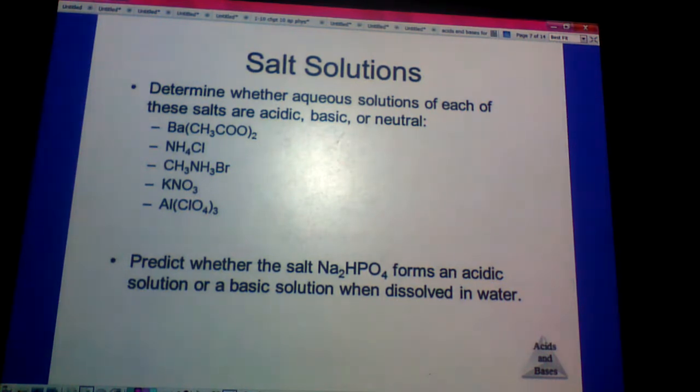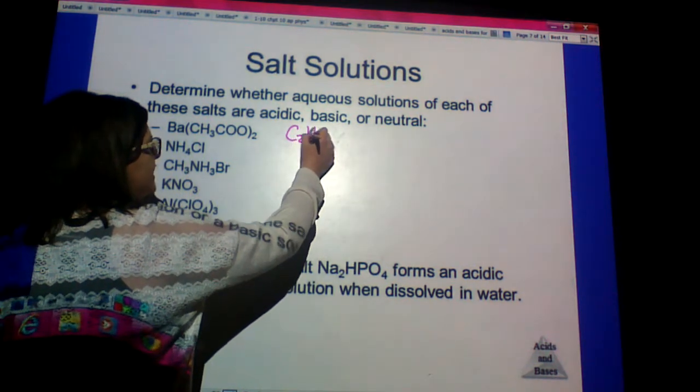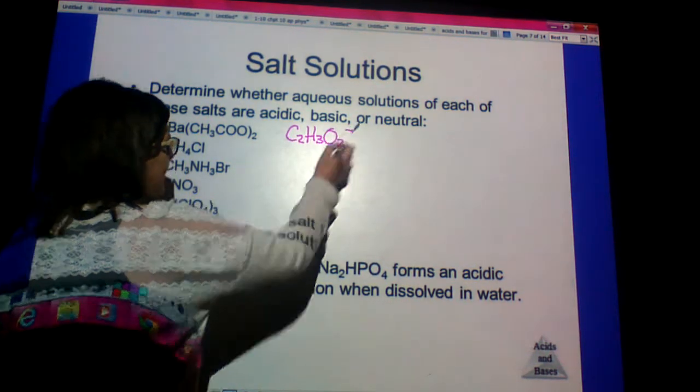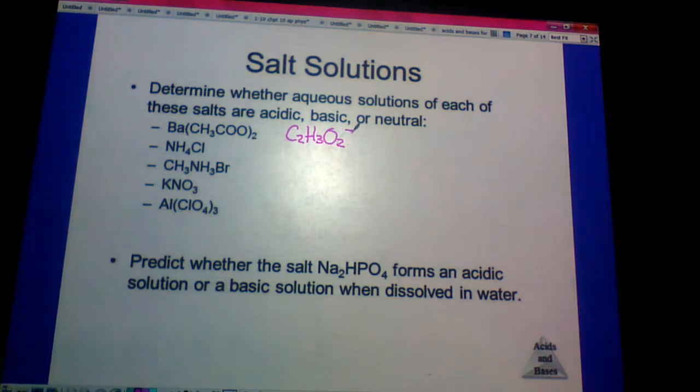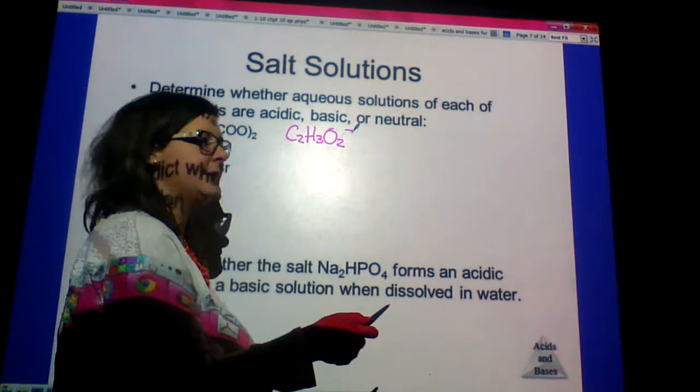So I have barium acetate. Acetate is my anion, C2H3O2-, and I know that the conjugate acid of this anion is a weak acid, acetic acid.